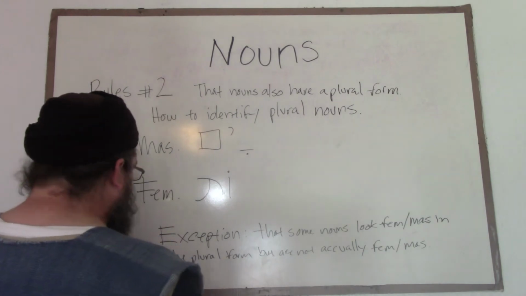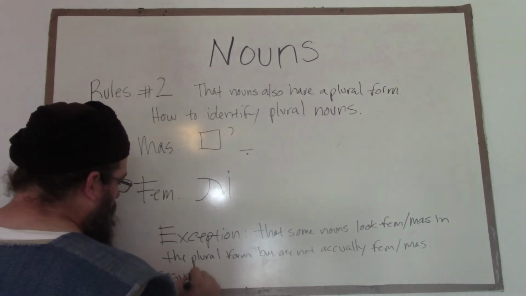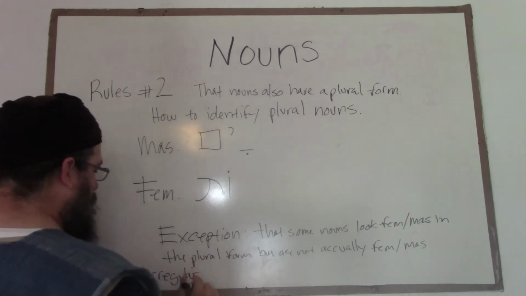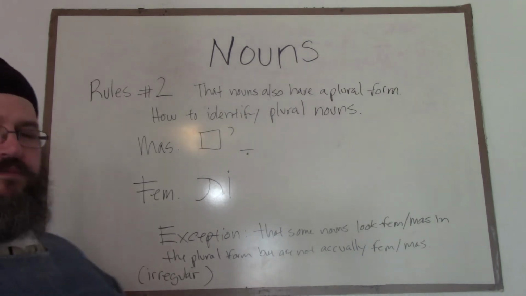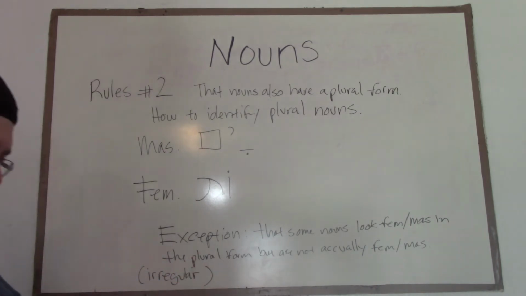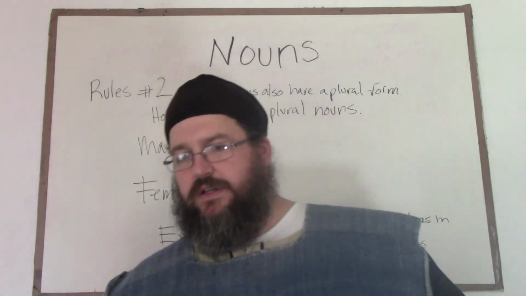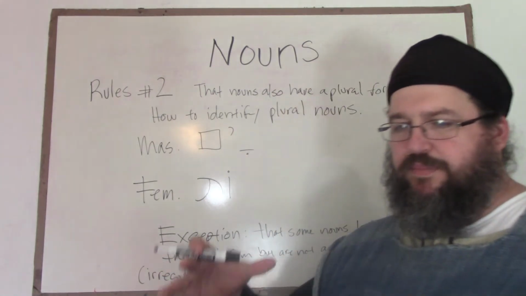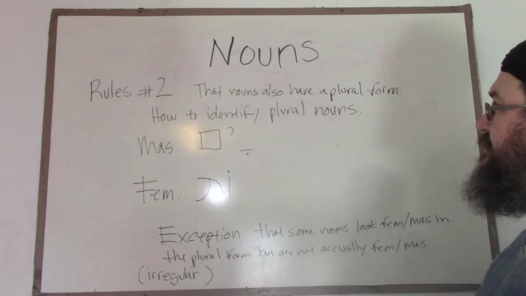So we're going to call these irregular, okay? Irregular nouns because they don't function like the norm, okay? So these are irregular nouns that don't work according to the simple law of how nouns normally function.